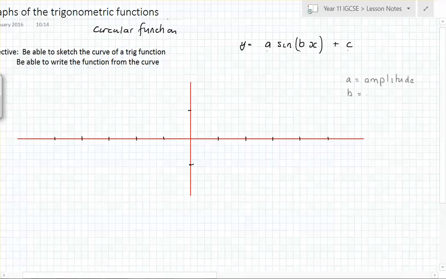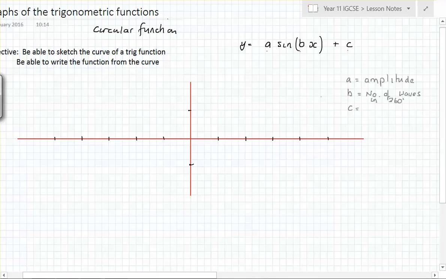The B is, what you say? Right, so B is actually the number of waves in 360 degrees.